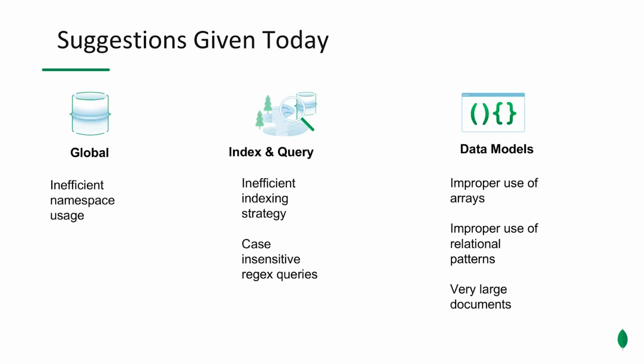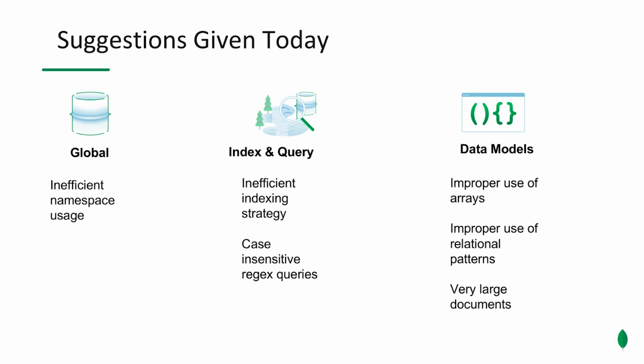So what are the suggestions given today? There are a variety of different types of suggestions. I bucketed them under global, index, and queries and data models. So global would be more global level schema suggestions. Index and queries are suggestions pertaining to indexes and your query patterns, and data models are suggestions pertaining to your schema. So for global suggestions, we call out when you're using namespaces inefficiently.